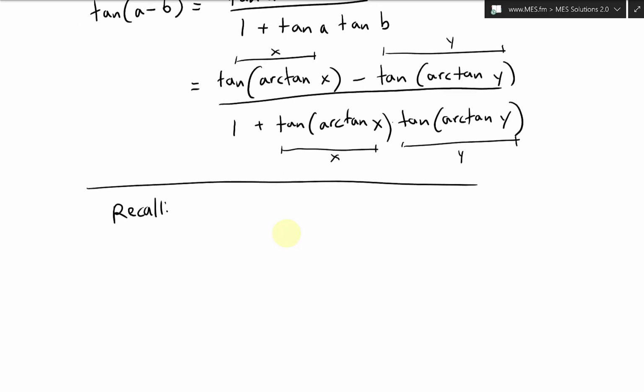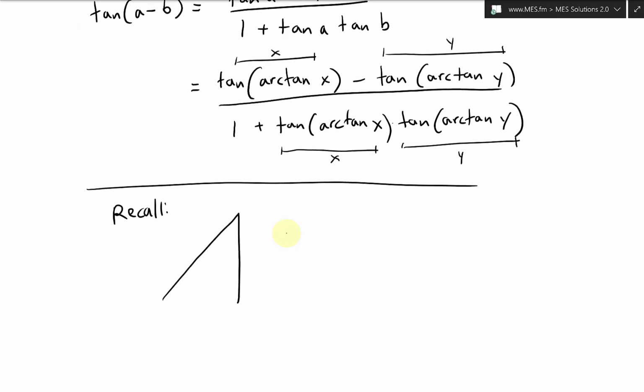Recall again, when you look at the inverse trig definitions, with the regular definitions of trig, they all just match up. So here, if you just draw a triangle, let's say you had opposite at x, and adjacent is 1, and you had an angle theta like this.